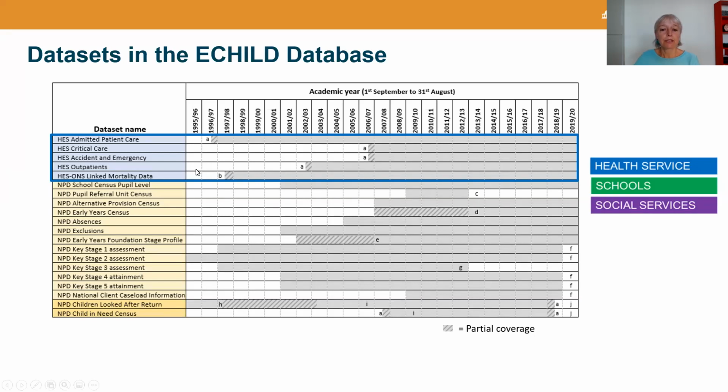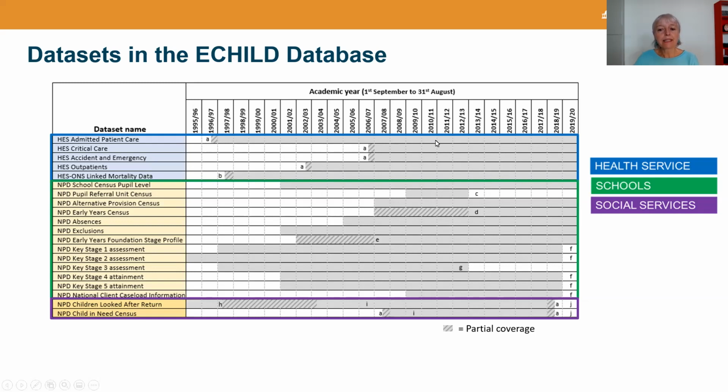The National Pupil Database contains data on each school, from each school term, on enrolment, special educational needs, and absences and exclusions, and then all key stage assessments. And lastly, social care includes data on looked after children and children in need. This includes all referrals to children's social care through to interventions.